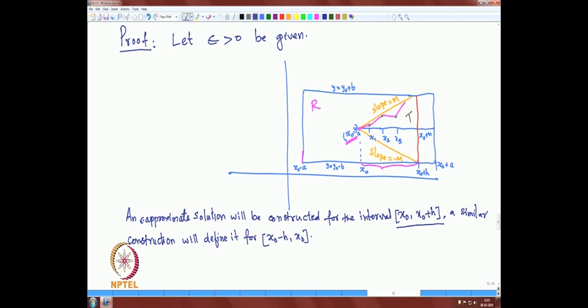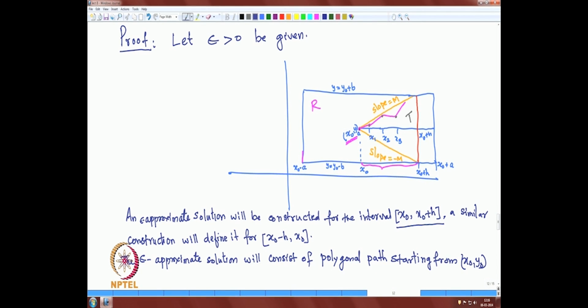The approximate solution will consist of a polygonal path starting from the given point x0, y0, the initial point.